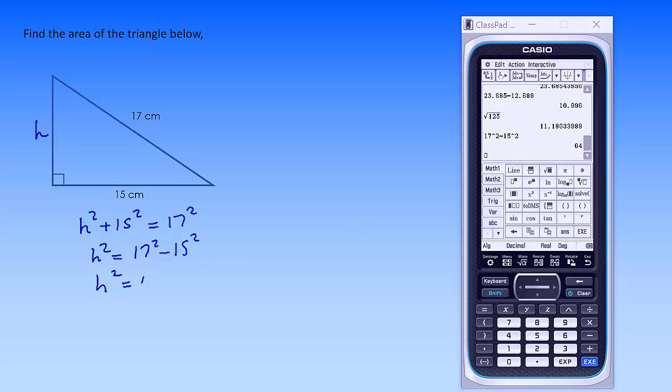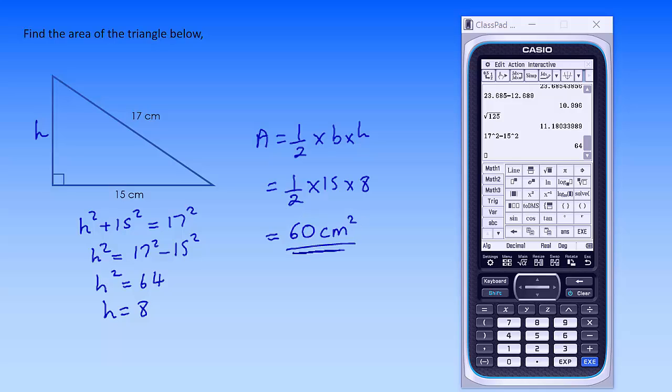We can see it's 64, which tells us that h is equal to 8. Then we can use area is a half times the base times the height, so that's a half times 15 times 8. So 4 times 15 is 60. So it's 60 square centimetres.